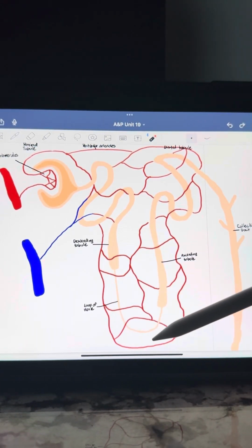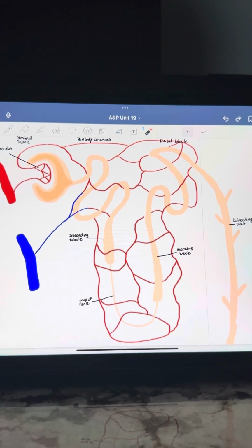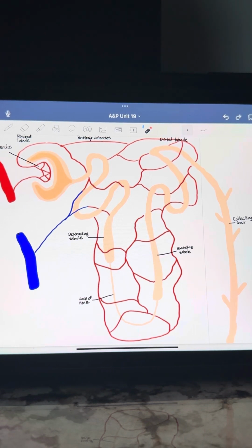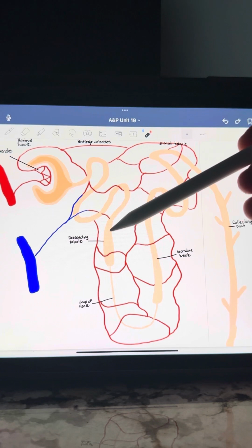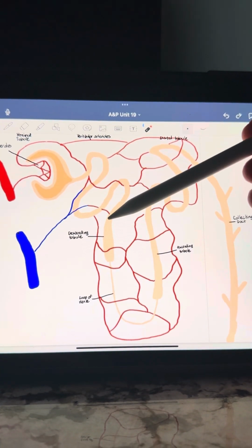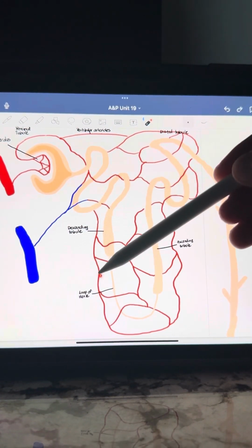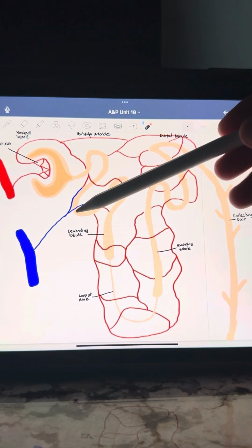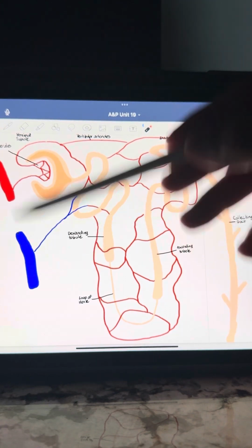Then as it comes up through the descending side, it also reabsorbs water that's out in the interstitial space, because the descending tubule is permeable to water, so any water out here will be picked up by the vasa recta, and then go back into the renal vein and into the heart.